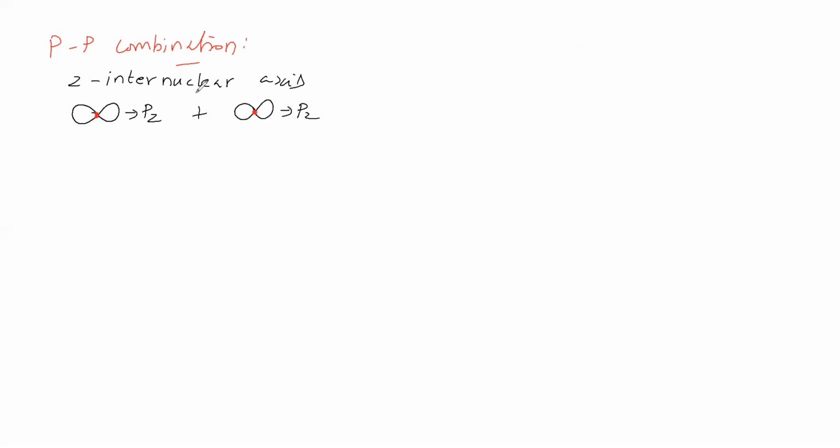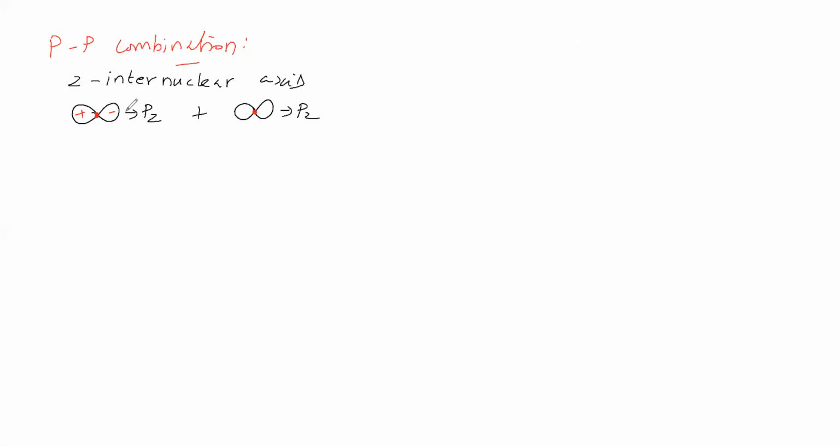Now we will give the sign of psi. Suppose the sign of psi is positive for this lobe. For this other lobe it must be negative, because the p orbital is not symmetric; only the s orbital is symmetric. For an s orbital you give the sign of psi as either positive or negative, because it is symmetric.